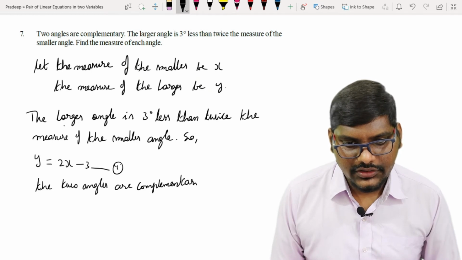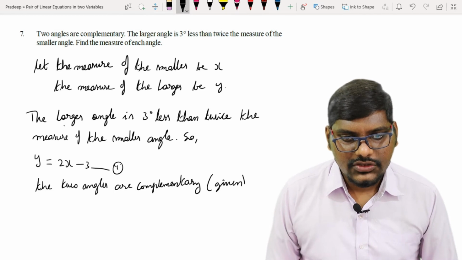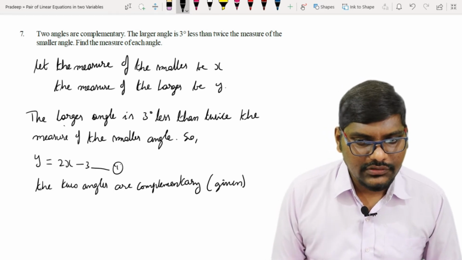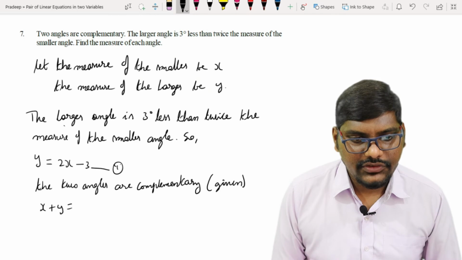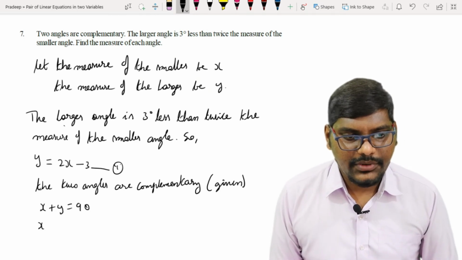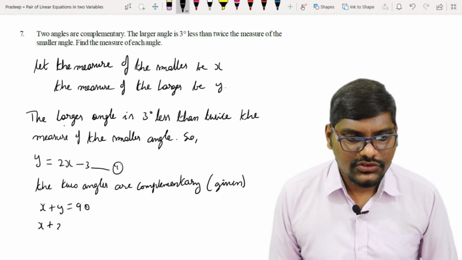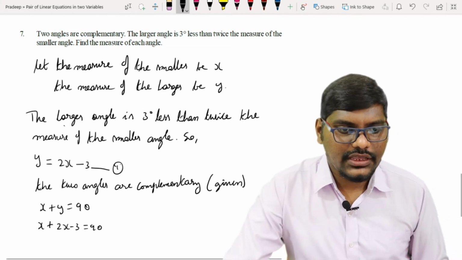The larger and the smaller, they are complementary, that was given. So now we can write the two angles, x plus y, that was 90, because they are complementary. For this I can write x plus, in the place of y I will write 2x minus 3, equal to 90 is the equation.